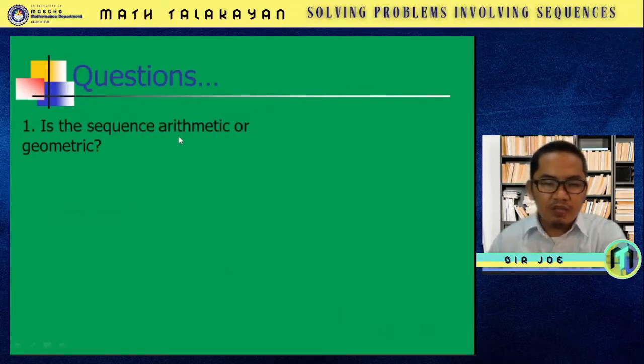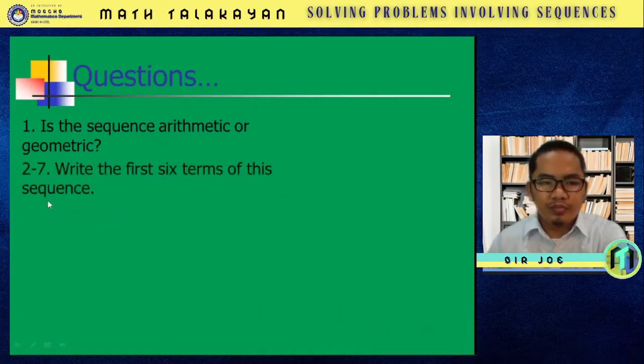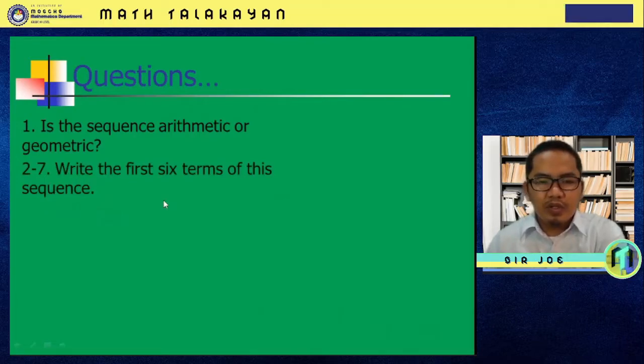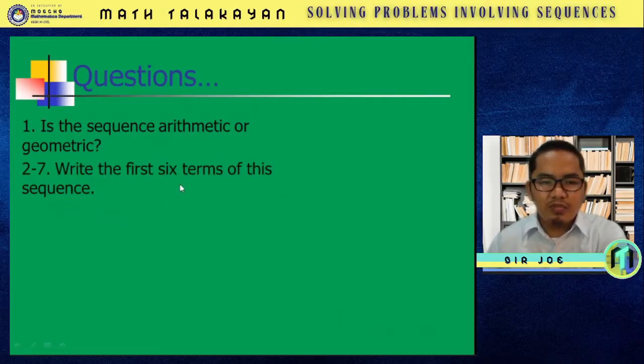So is it arithmetic or geometric? So we are going to write the first 6 terms of this sequence.